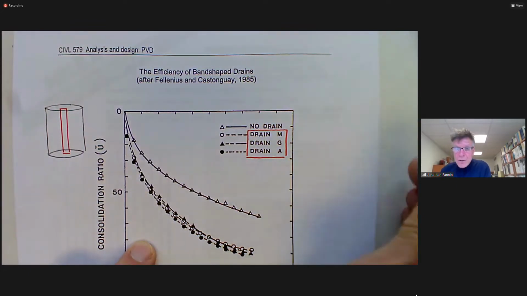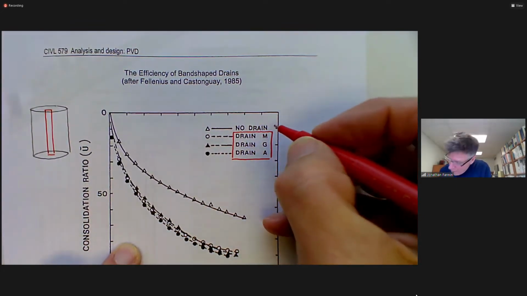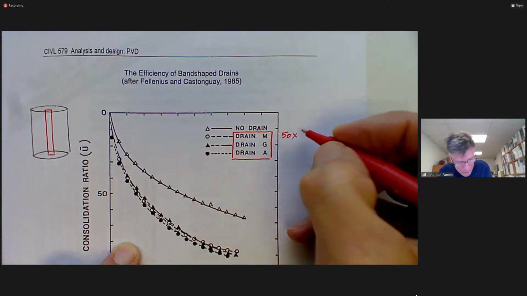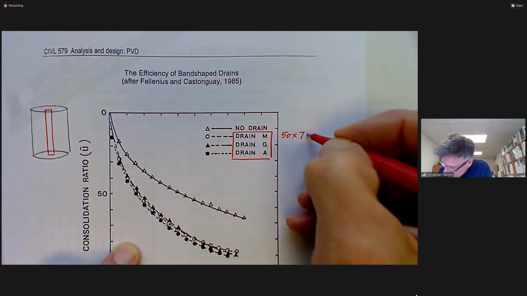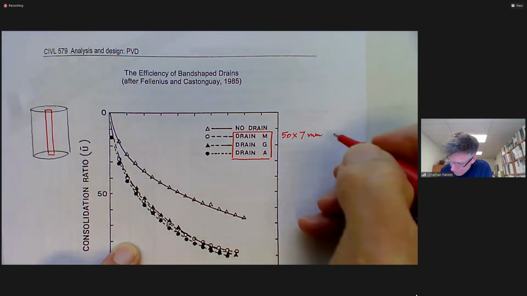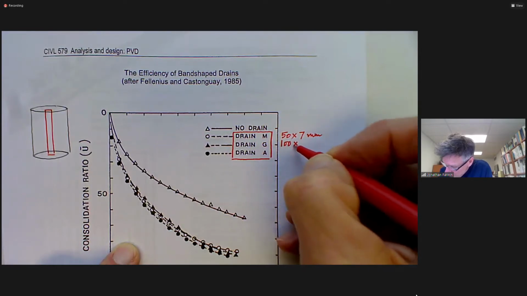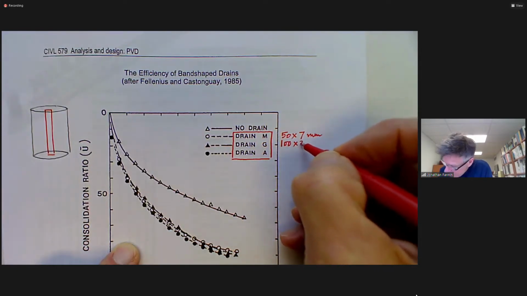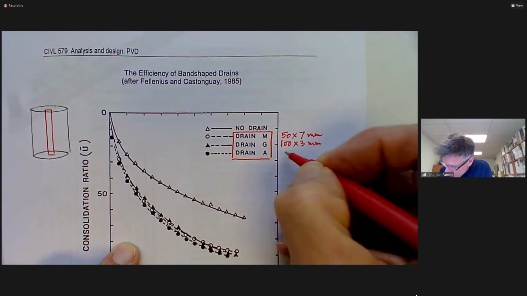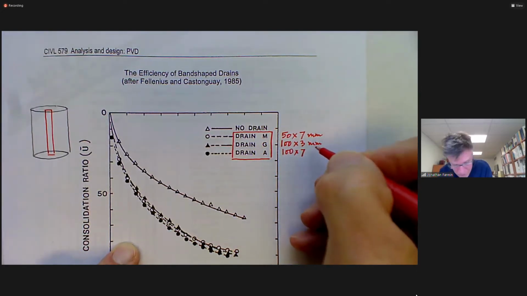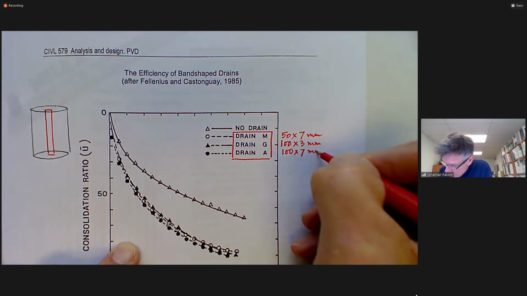The geometry of drain M was 50 millimeters by 7 millimeters. That's relatively thick. And drain G was 100 by 3, not far off common dimensions. And the last one, 100 by 7, was quite chunky.